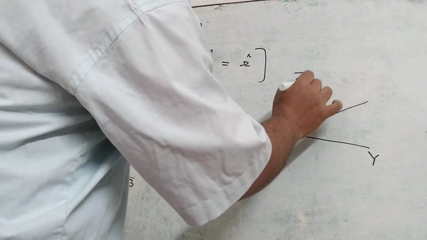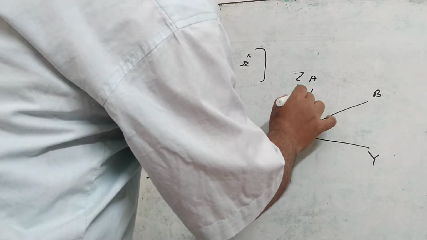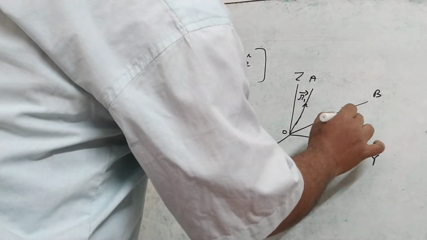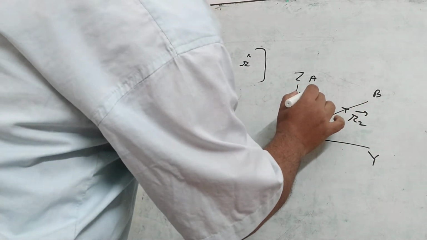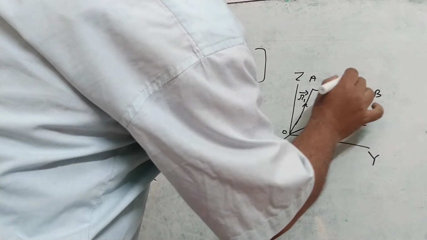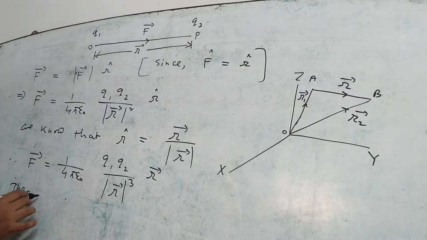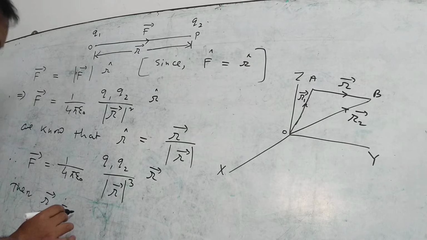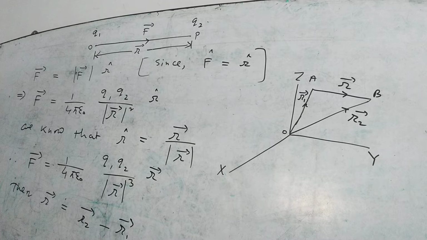Let two points A and B. The position vector of A is R1 and the position vector of B is R2 with respect to the origin O. The vector of AB is R. Then R vector is equal to R2 vector minus R1 vector.